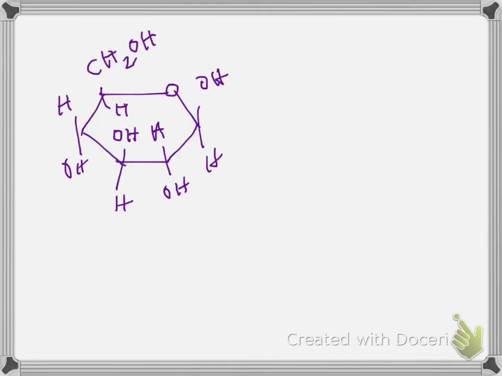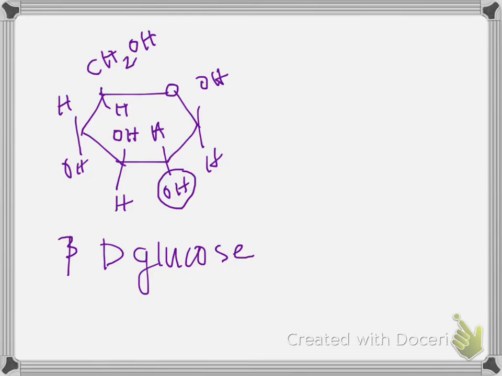This is the structure of beta-D-glucose. If the OH in the second carbon is replaced by the amino group, it is known as D-glucosamine, beta-D-glucosamine.